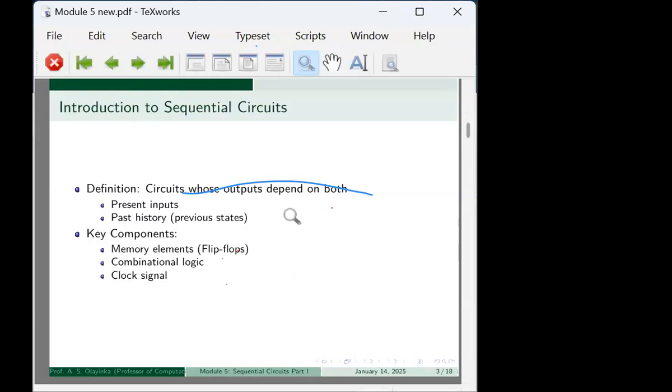Now, what are sequential circuits? Normally, if you have a normal circuit that is not sequential, usually the input is what determines the output for the general circuit that you know about. For instance, let's say the electric circuit in your hostel. The input is actually what determines the output.